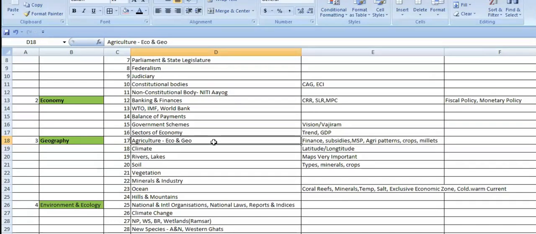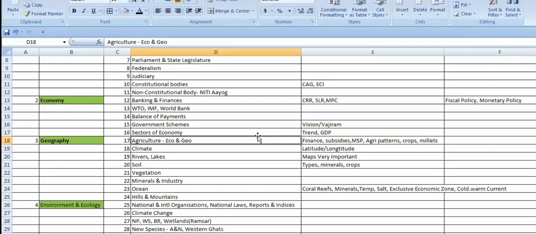So you cannot deny agriculture. Now, how many questions have come in agriculture? You can go and see the strategy followed in environment and also in geography, how they have broken the question, what topics were asked in agriculture. You can go and refer there. So agriculture includes economy and geography.